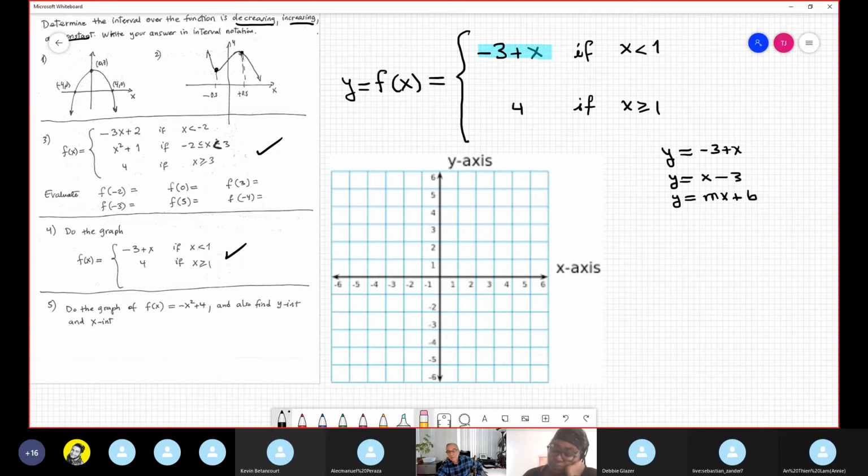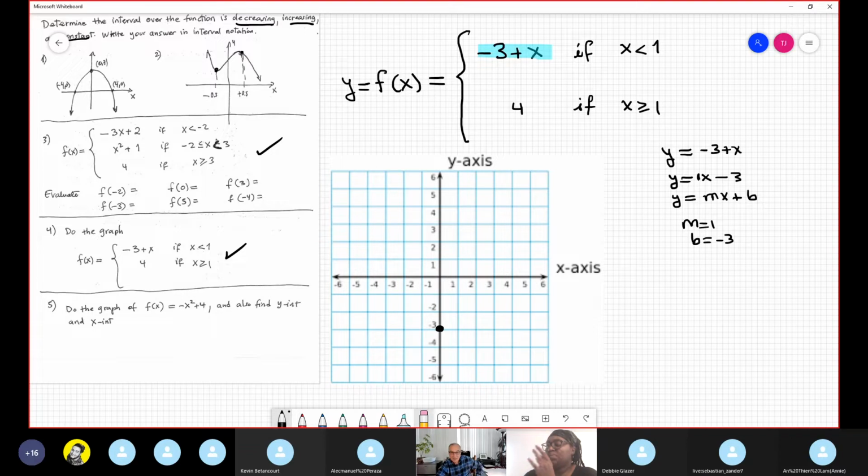Okay, it's a linear. I see slope 1 because the invisible coefficient here is 1 and b is negative 3. And b represents the y-intercept. Y-intercept negative 3, between negative 1 and negative 2, negative 3. At this point is the y-intercept of this line. And the slope is 1.